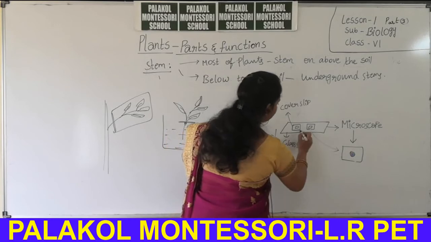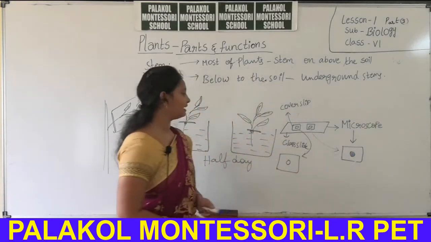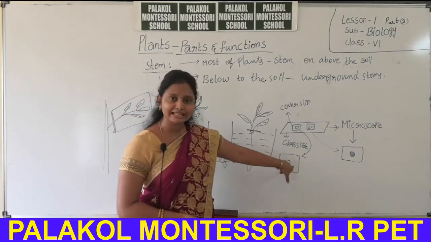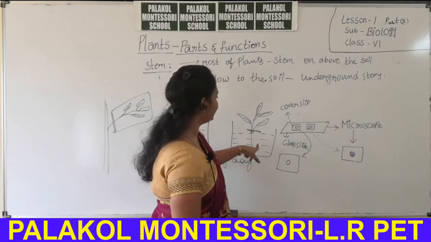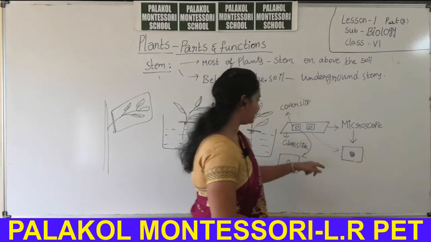But in this piece there is no colored ring. Why? Because water doesn't have any color, that's why it does not appear in any color. But here we took colored water, that's why it appears as a colored ring.